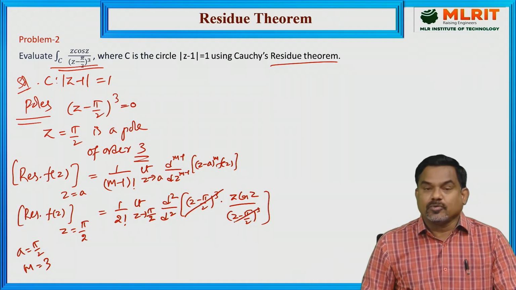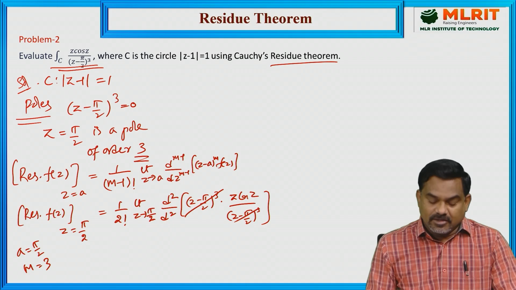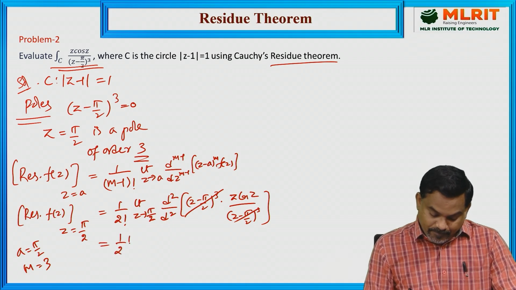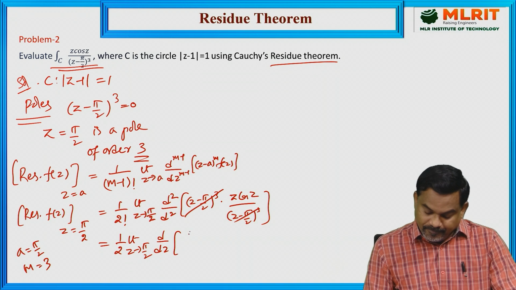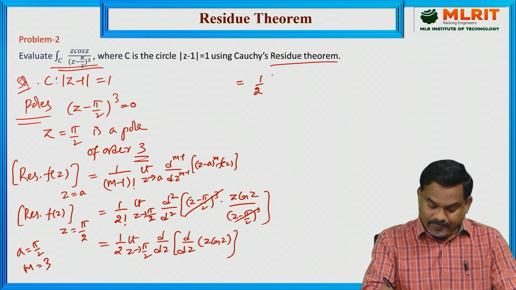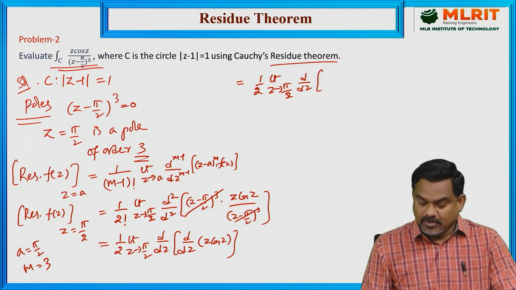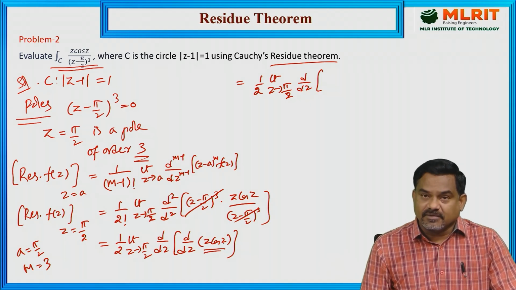So here these two get cancelled, and we need to differentiate this z cos z twice. So 1 by 2 limit z tends to pi by 2 d by dz of z cos z. So differentiating the first time, limit z tends to pi by 2 d by dz of z cos z. UV rule, here the first function is z, second function is cos z.